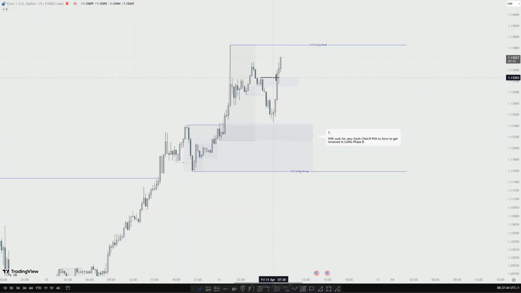Also, we have the supply, which could easily be pushed lower. That was another risk factor conflicting with my bias to take long on EU. Otherwise, if this POI is even minor, I wouldn't care, but mitigation was my main criterion, and I would have considered taking that M5 order flow shift entry.